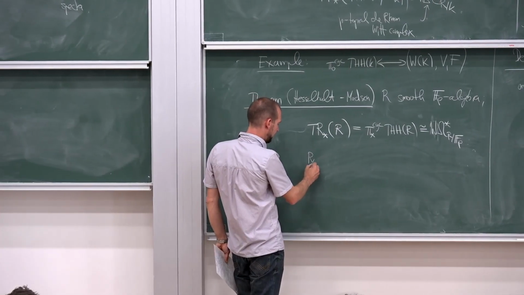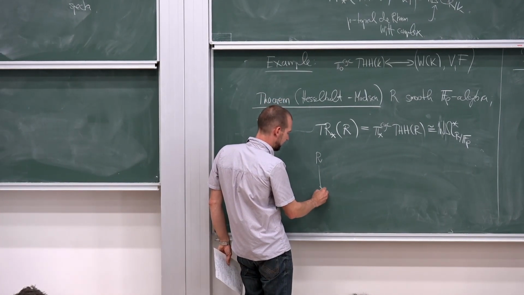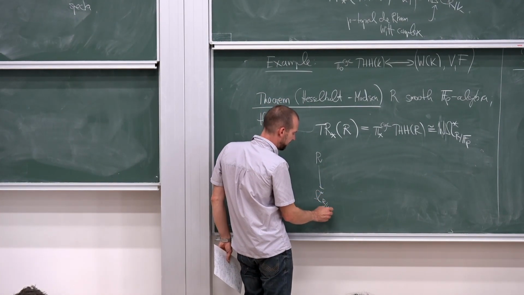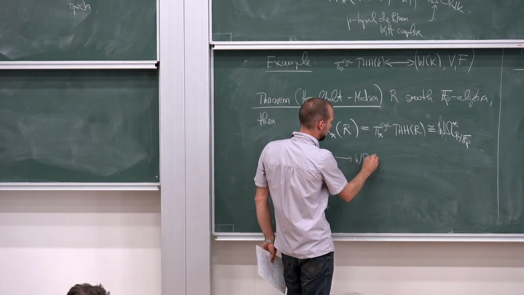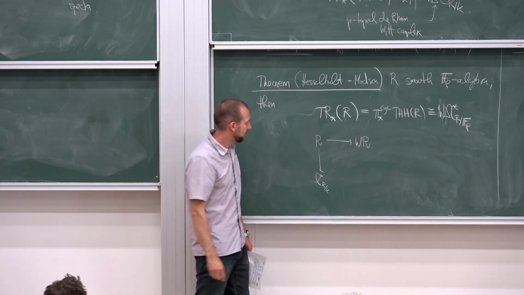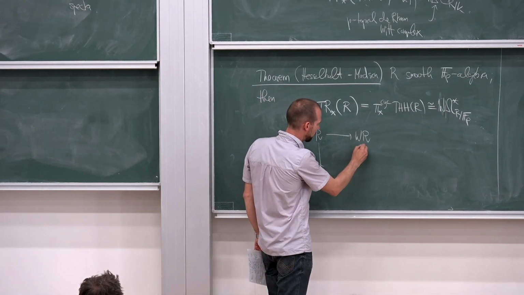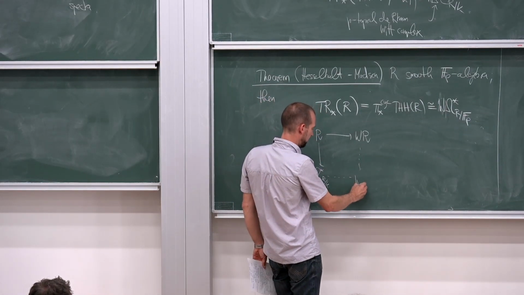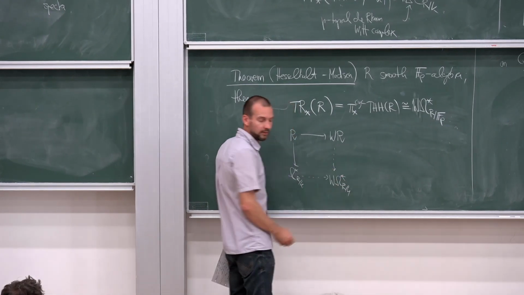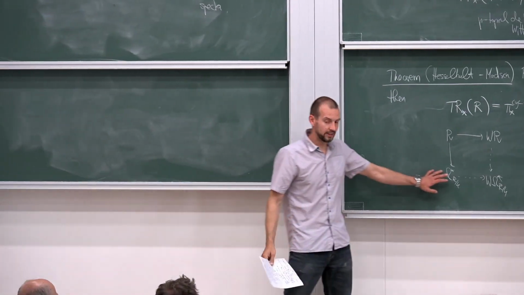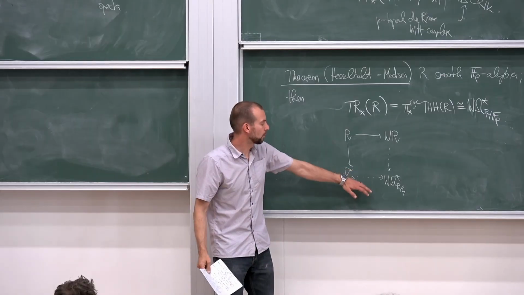You can assign to a ring the de Rham complex, and you can also assign the Witt vectors. And in some sense, the de Rham-Witt complex is a combination of the two, like some sort of a weak pushout. Of course, it's not a pushout in any reasonable sense, but it combines the two things.